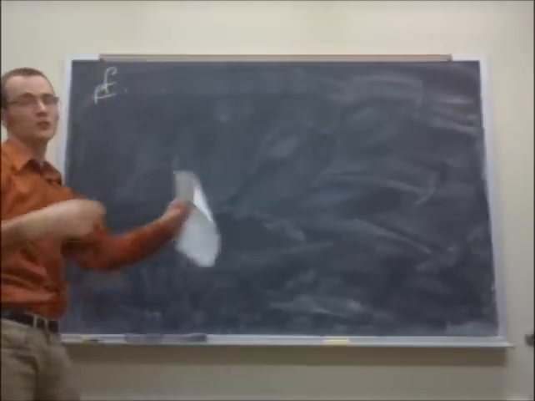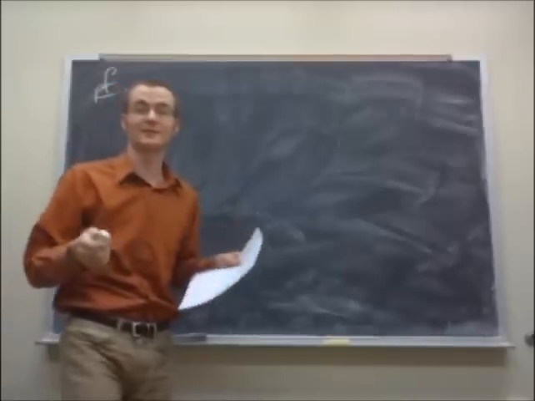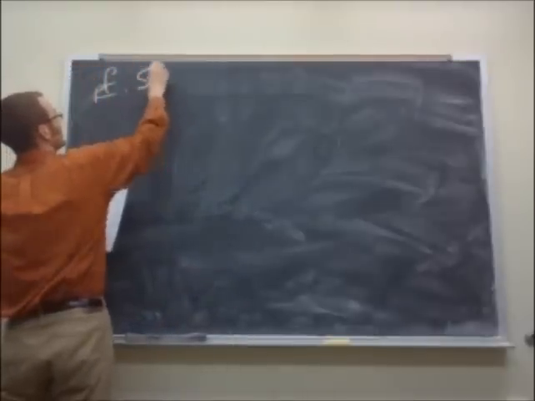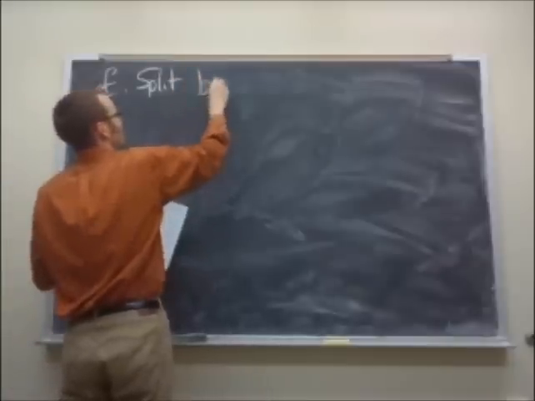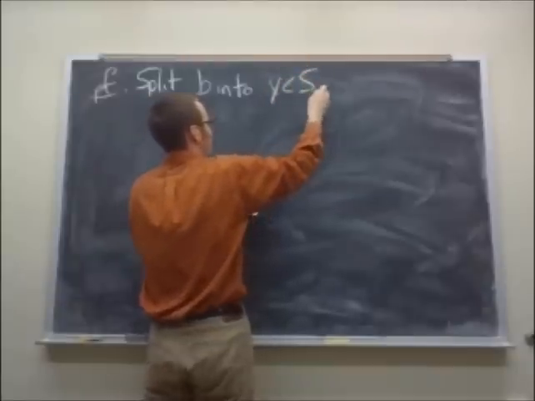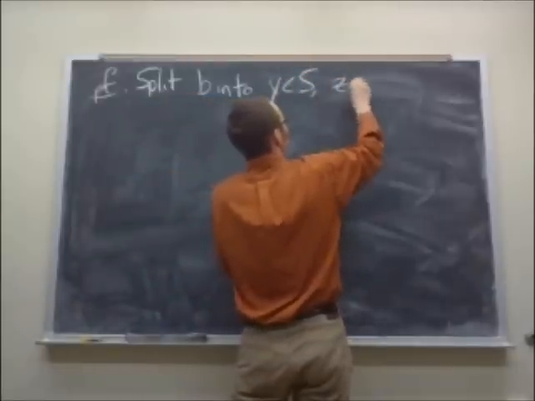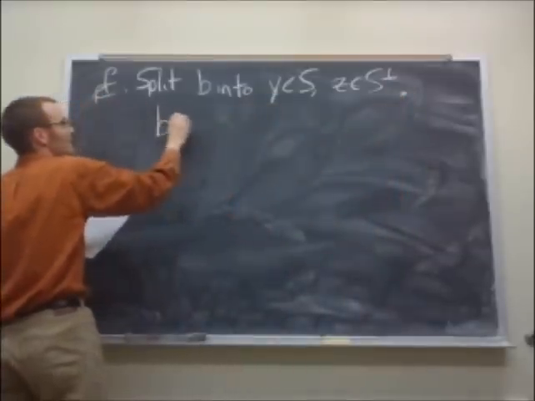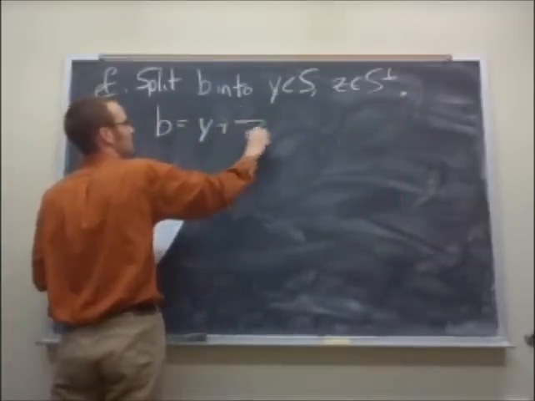The first thing we're going to do is use the direct sum decomposition that we mentioned earlier. So let's split b into y in S and z in S perp. So we have b equals y plus z.